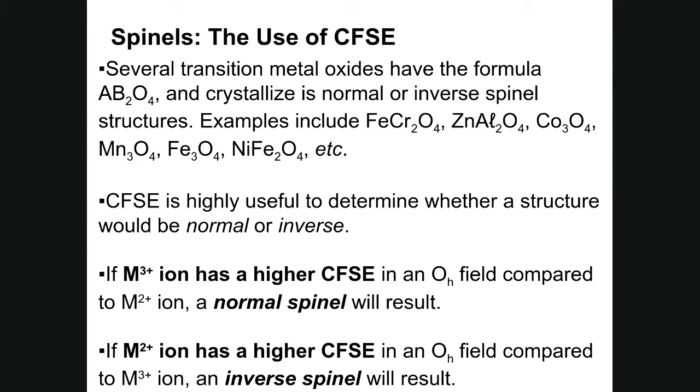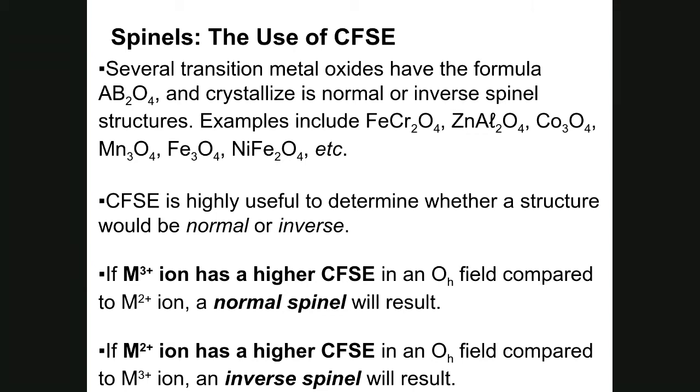So in order to use the crystal field stabilization energy as a criterion to decide whether a given spinel will be inverse or normal, if the 3+ oxidation state of a specific metal in a spinel has a higher crystal field stabilization energy in the octahedral field, it means that it prefers to be in the octahedral site because it is stabilized there. The stabilization energy favors it occupying those voids.